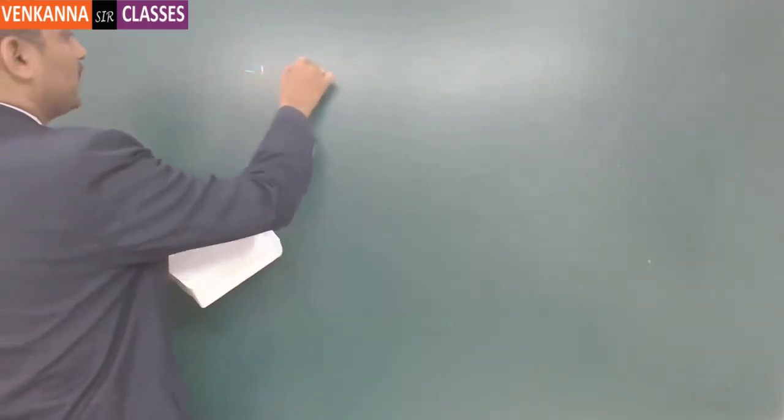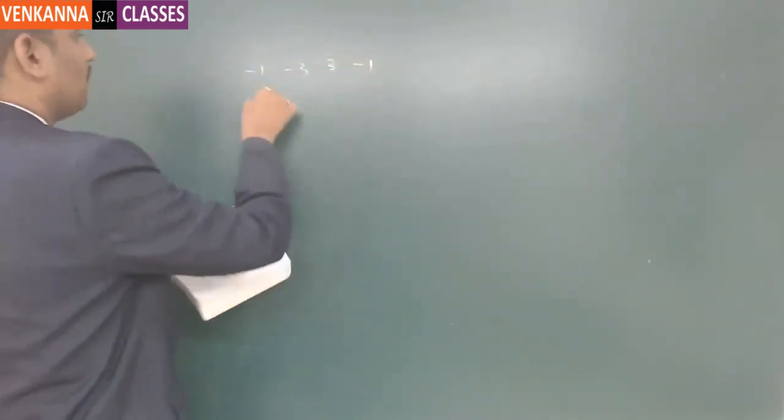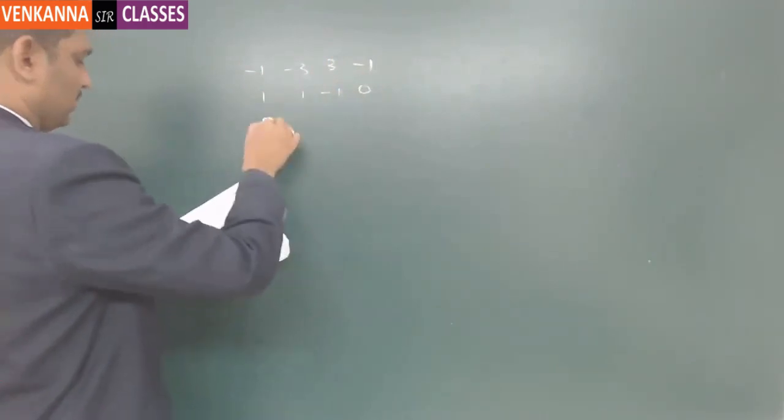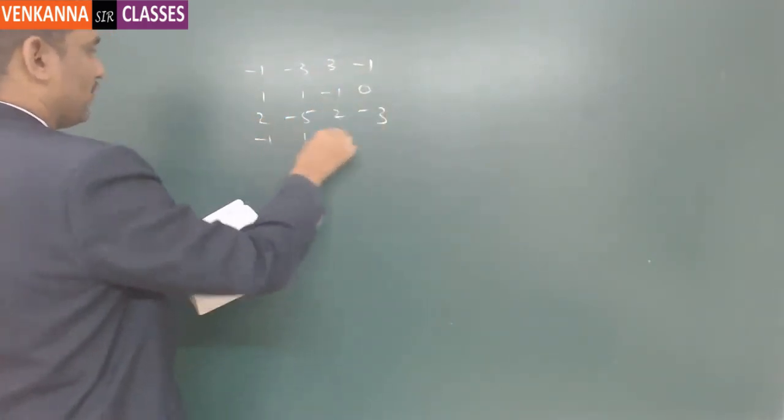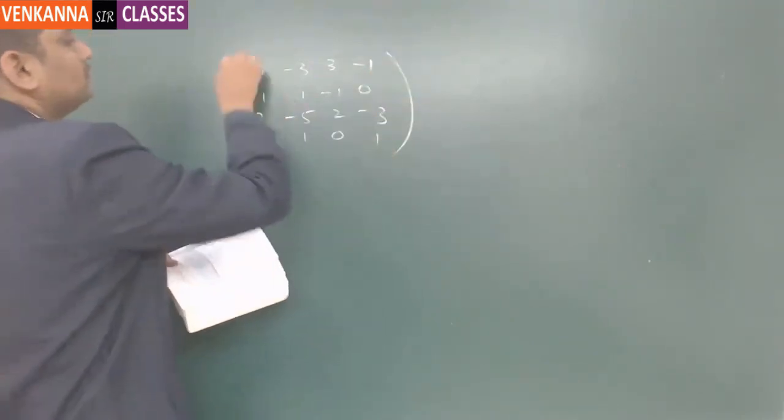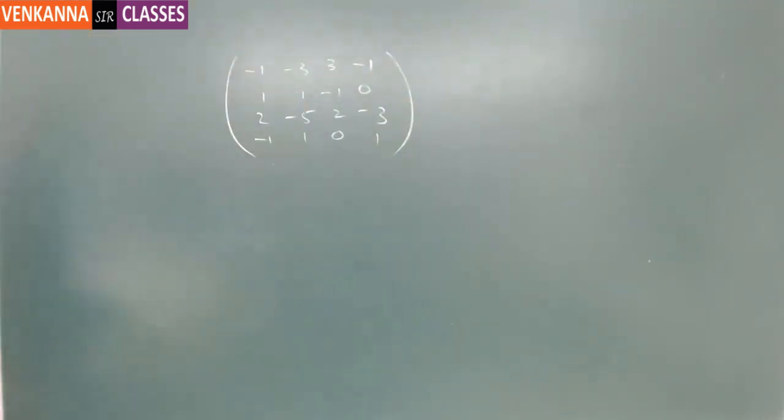Let us take the problem: -1, -3, 3, -1, 1, 1, -1, 0, 2, -5, 2, -3, -1, 1, 0, 1. Suppose this is our matrix A. I want to find the rank of the matrix using echelon form.